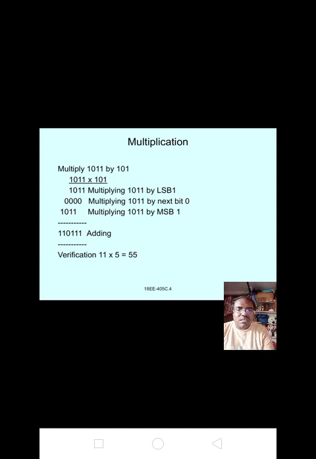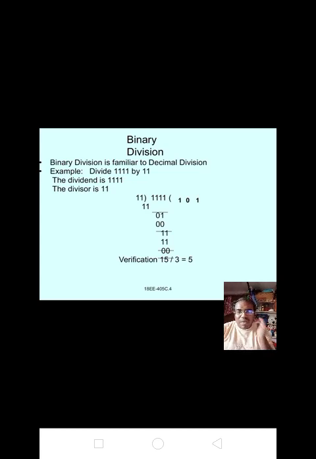5 marks. Next one is binary division. It is also very simple. It takes the subtraction part and the division part. You must listen to this subtraction part and division part. Binary division is similar to decimal division. Here we will divide 4 ones by double 1.